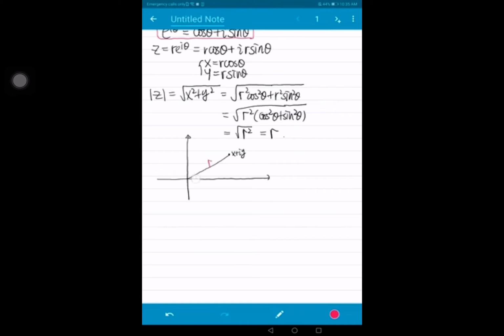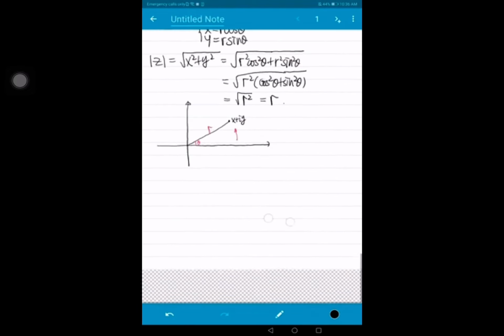And what is theta? So theta is basically this angle. So theta is the angle that this vector has with the axis. So the orientation is counterclockwise. So you just measure the angle between the x-axis and the vector xy in R2. Okay.